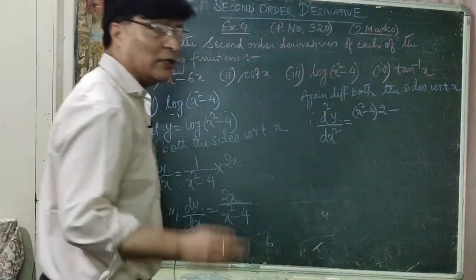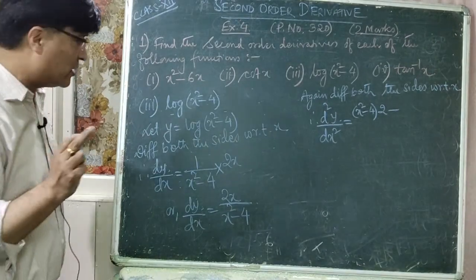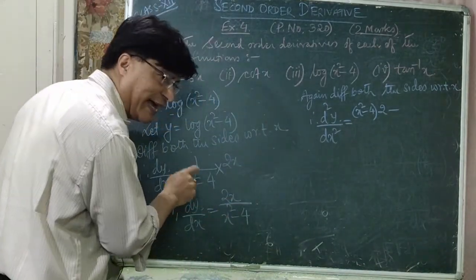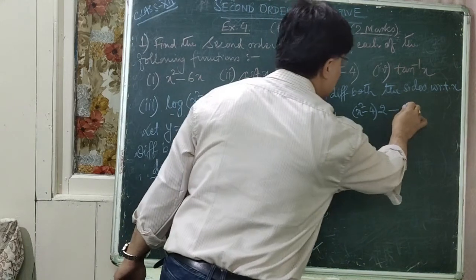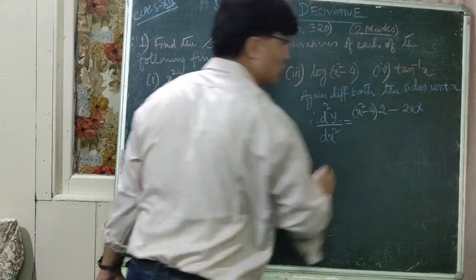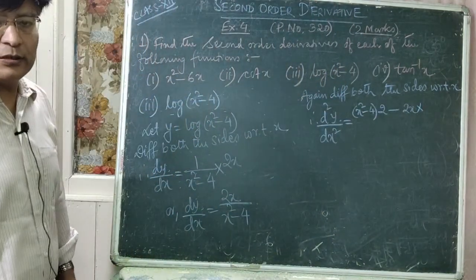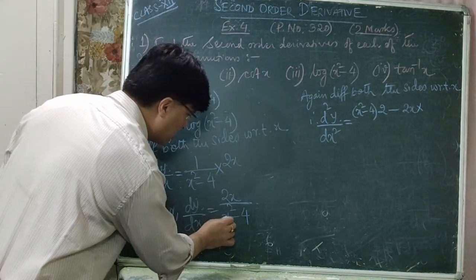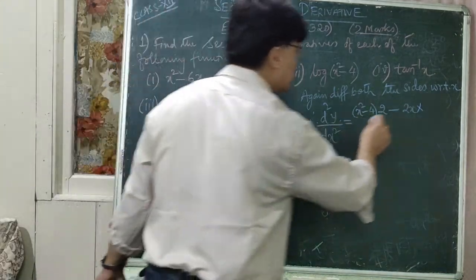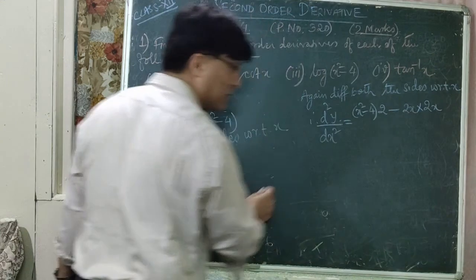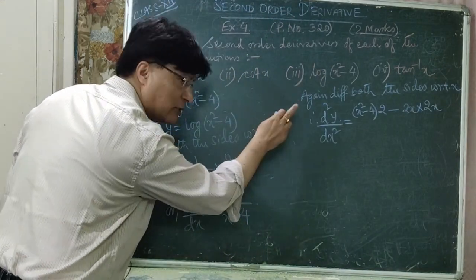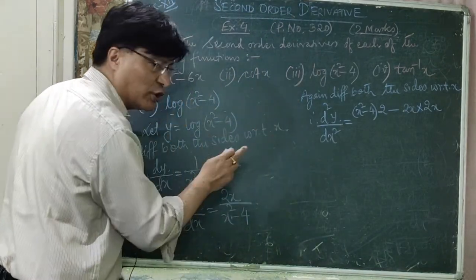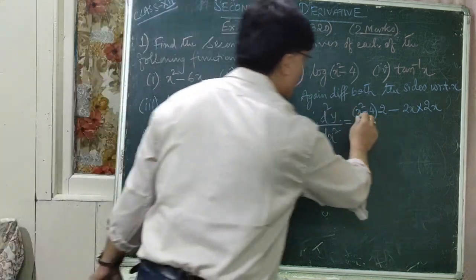In between, which sign comes? Minus. You know the u by v rule, isn't it? Now the numerator is kept as it is, into the differentiation of the denominator. What is the differentiation of x square minus 4? It is 2x, right? For x square the differentiation is 2x, minus 4 it is 0, minus 0. Okay.